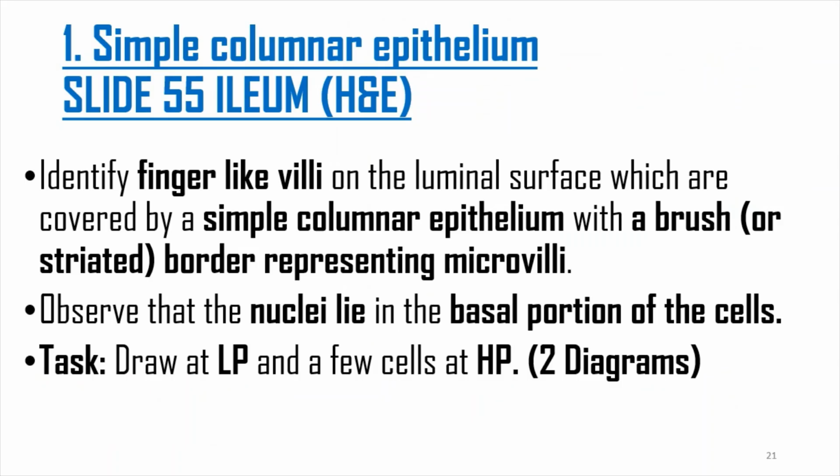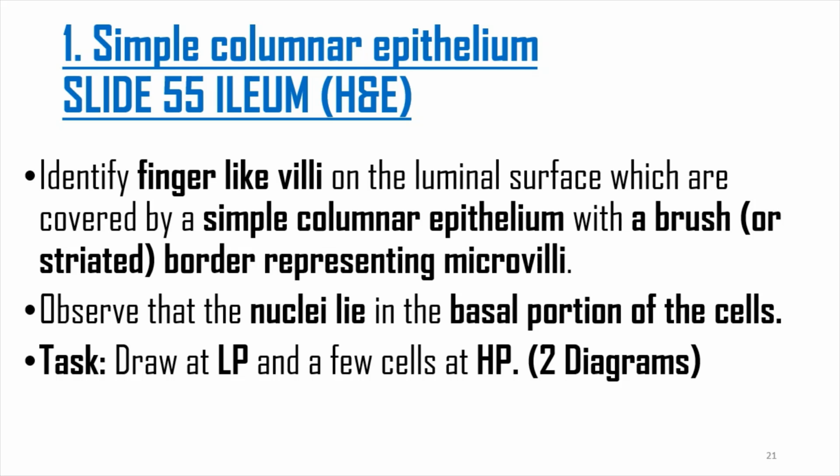Okay, now let's move on to slide 55, which is simple columnar epithelia found in the ileum. Number one, you should identify finger-like villi on the luminal surface, which are covered by a simple columnar epithelia with a brush border.